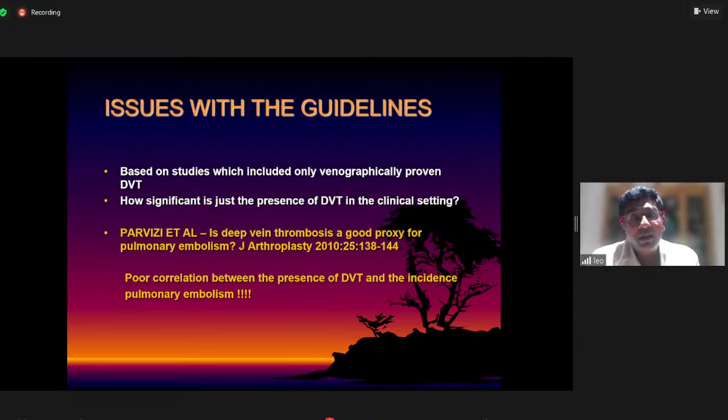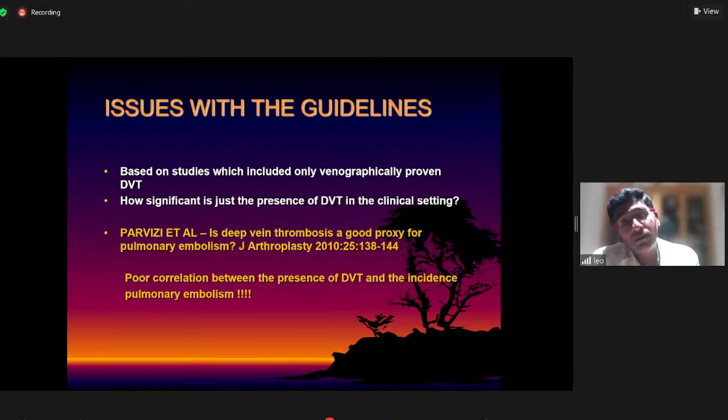The scientists there used basically only venographically proven DVT as the endpoint. The question was, how significant is just the presence of DVT in the clinical setting? The corollary is, are we worried about DVT or are we worried about pulmonary embolism?